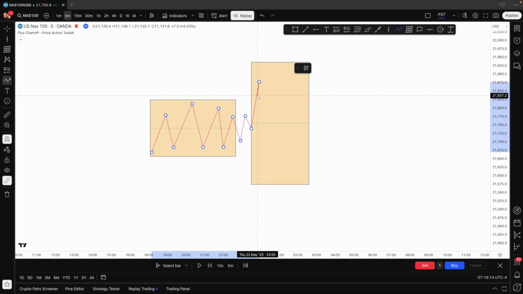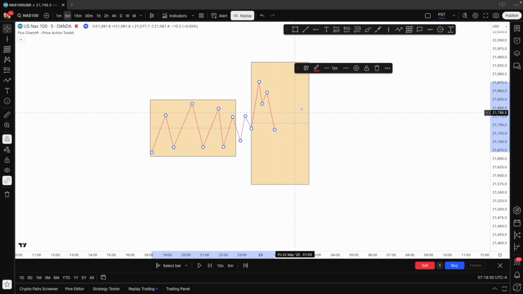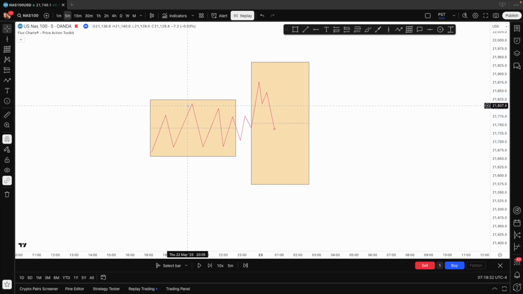We want to look for an inverse fair value gap to form, to enter our trade straight away. And then we just target a 1-to-1 and a 1.5 risk to reward trade. So that's our goal for this strategy: literally just a sweep of the Asia high or Asia low.